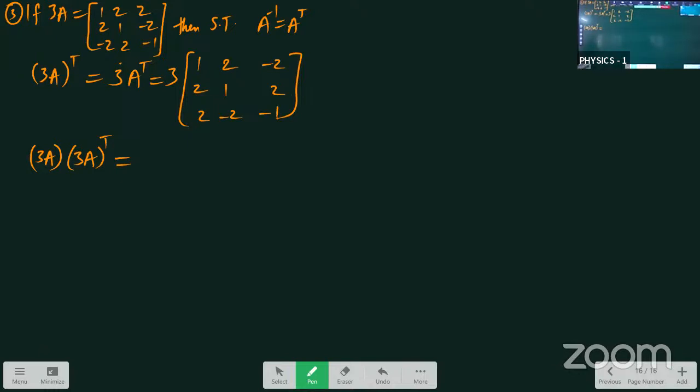Multiply 3A into 3A whole transpose. What is the 3A matrix? 1, 2, 2, 2, 1, minus 2, minus 2, 2, minus 1.